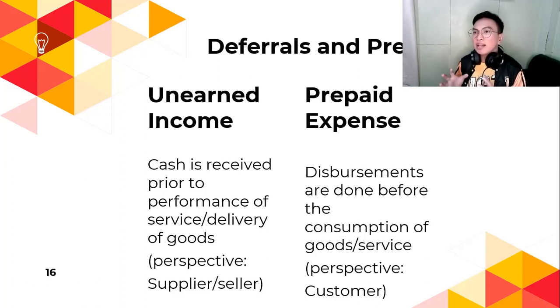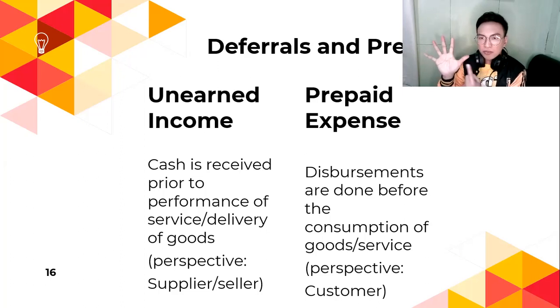Okay? Kailan na po nagkakaroon ng confusion or nagkakaroon ng mixed accounts? Diyan sa dalawang yan. Una, asset and liabilities lang sila. Okay? The prepaid expense and the unearned income. What if dumating ang panahon na yung prepaid expense mo or yung binayad mo kay supplier, nagamit mo na, okay?